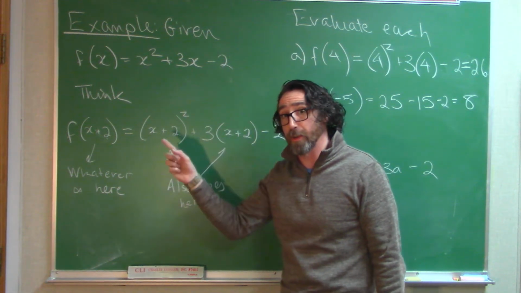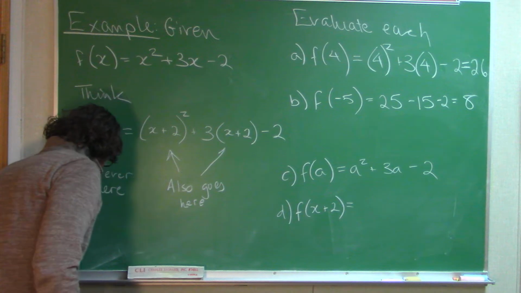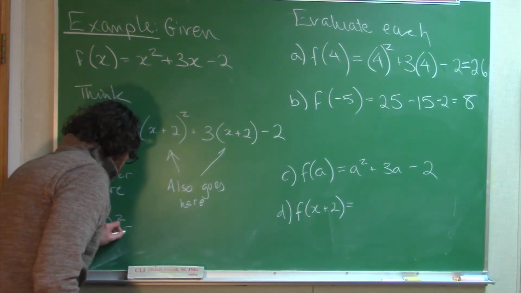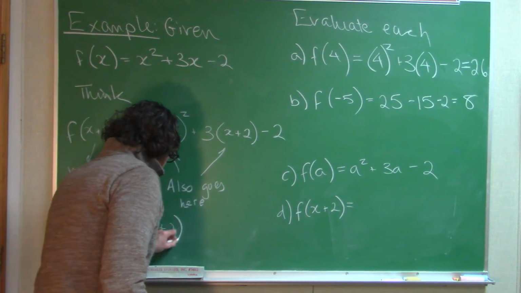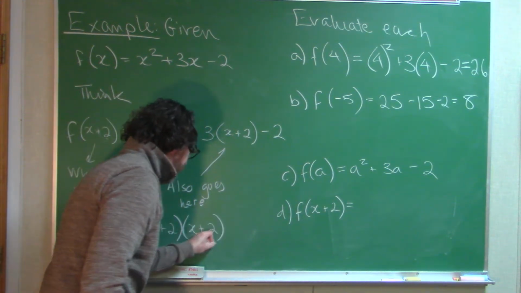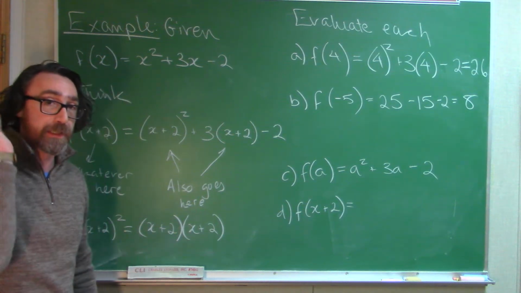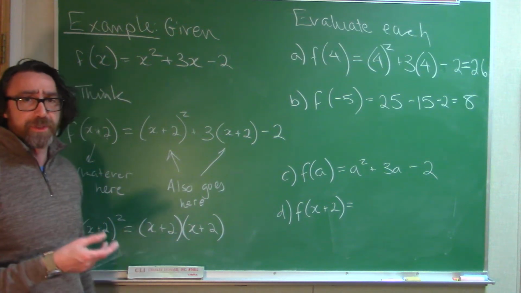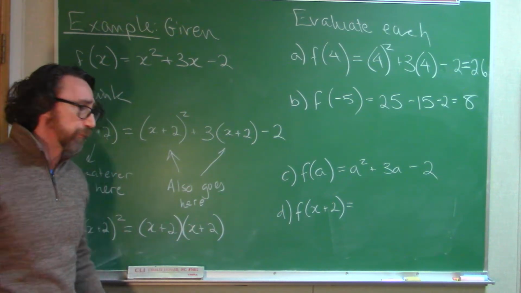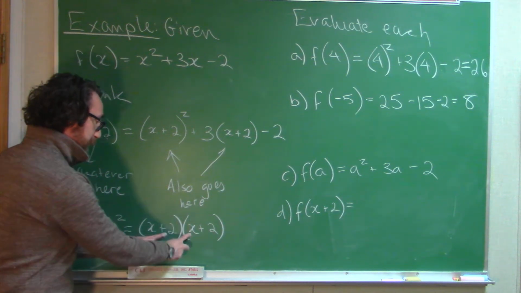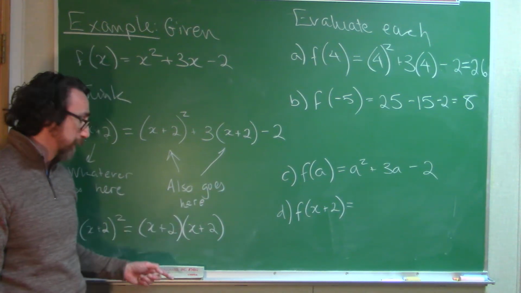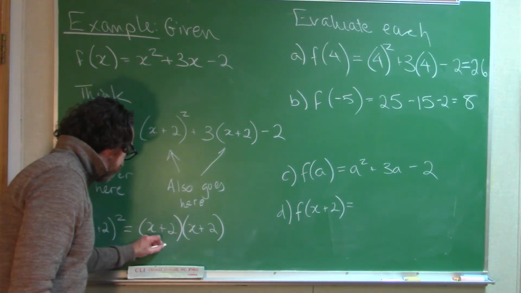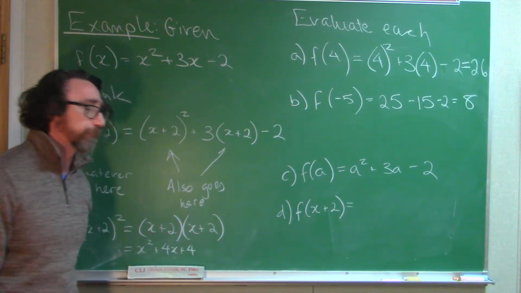X plus 2 squared means we take x plus 2 and we multiply by x plus 2. X plus 2 times itself. Now you have to expand this. A lot of people remember this with the FOIL acronym, first times first, outside times outside, inside times inside, last times last. Okay, so when you do that, you'll see you get x squared plus 4x plus 4.